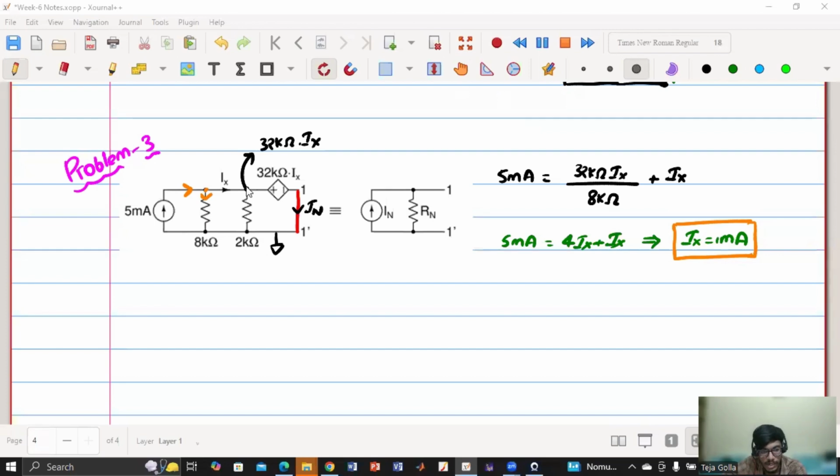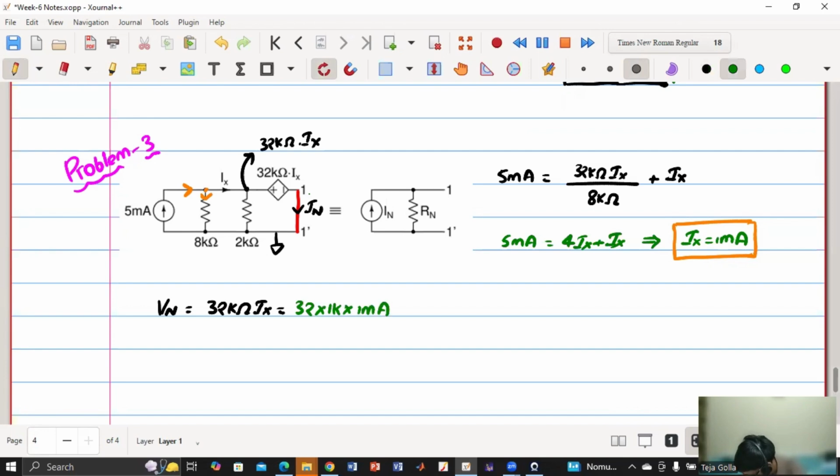Now what will be that node voltage? Say I'm calling it V node, Vn. That is 32 kilo ohm Ix, which is 32 into 1 kilo into 1 milliampere. So it is 32 volt. Agree?